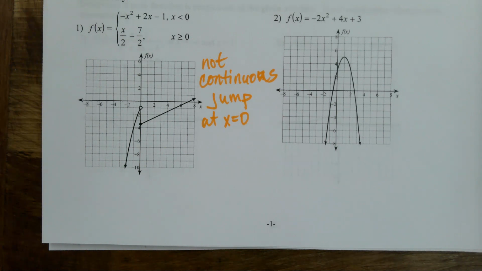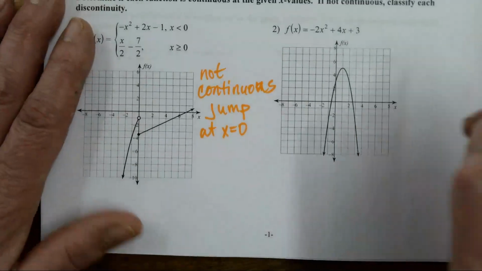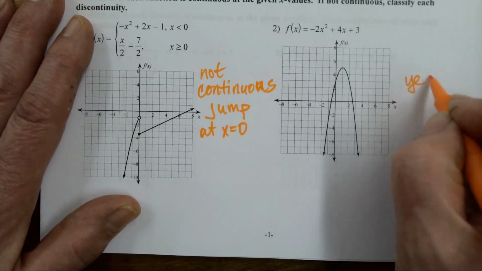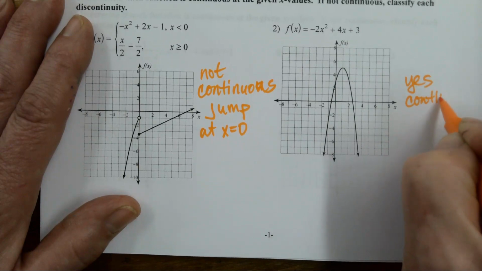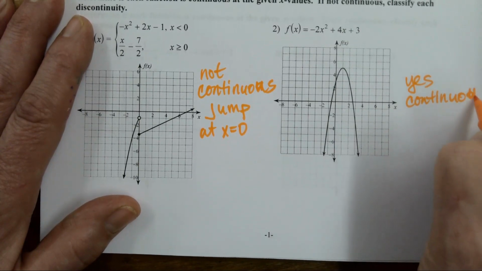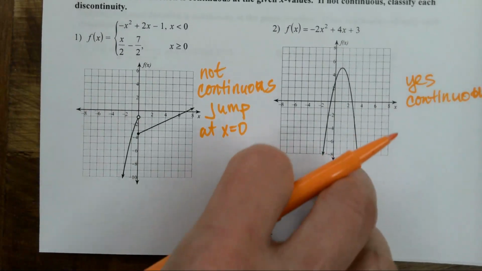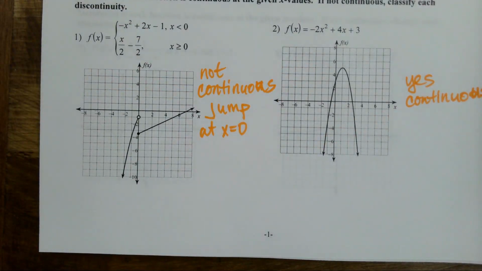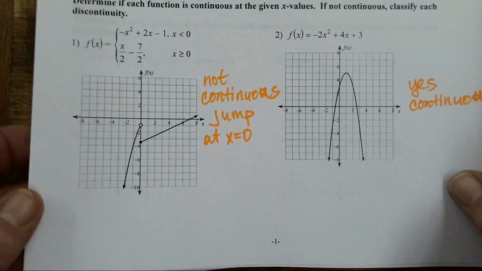How about the next graph? Is it continuous? Yes. It's a smooth graph. No breaks, no holes, no jumps, no asymptotes, nothing that would ruin its continuity.